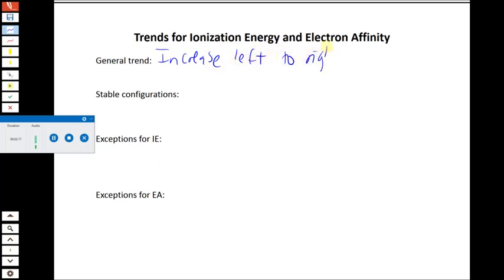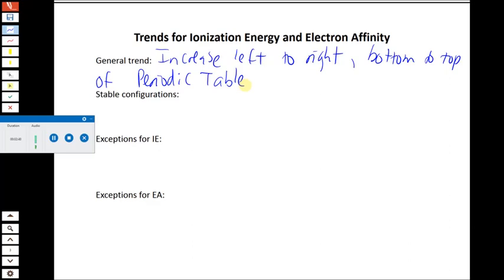So as we go across a row of the periodic table, in general, they both increase. And as we go up a column from lower to higher, they're also going to increase. So that's the general trend for these. So this is all for, again, periodic trends. We're talking about the periodic table here.